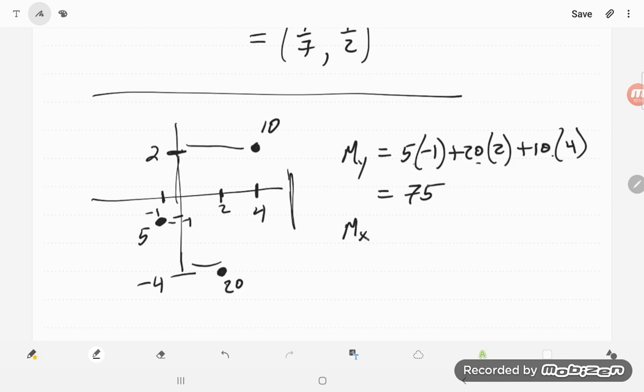And then m sub x is making the x-axis the center, or the origin. I shouldn't say center, the origin. As we look at these distances, I see again a 5 times -1, plus 20 times -4, sorry, and then 10 times 2 there.